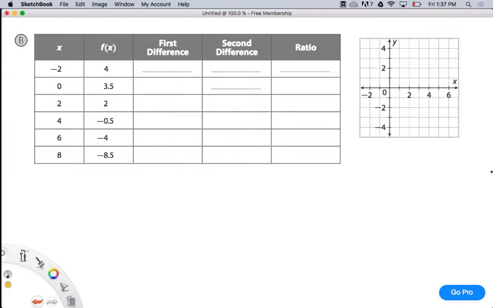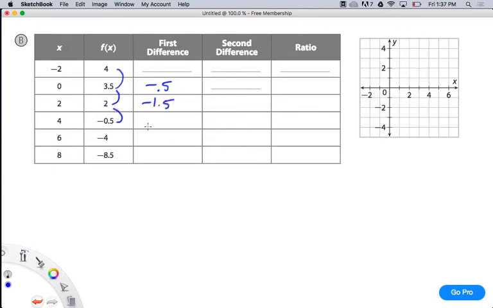Okay? And so we would look at this and say, all right, how do I figure this out? Well, I find the first differences, the second differences, and the ratios. So the first difference is quite easy. 3.5 minus 4 is negative 0.5. Then 2 minus 3.5 is negative 1.5.